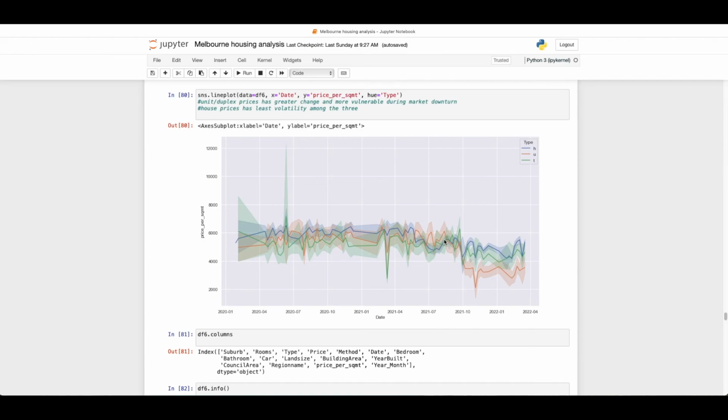It could show this type of property is more vulnerable during market downturns. It decreased quite sharply in 2021 to 2022, and house prices have the least volatility among the three. It's also the most popular type of residential property, right?